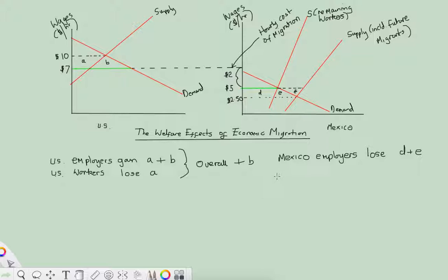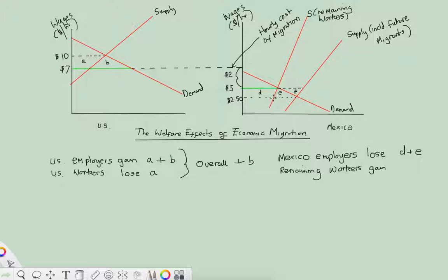And then how about the remaining workers, the people who say bye, see you later? This is almost the easy thing. The remaining workers get to enjoy higher wages because they have less competition in the labor market. And so if you're a remaining worker in Mexico, this is the supply curve net of the migrants.